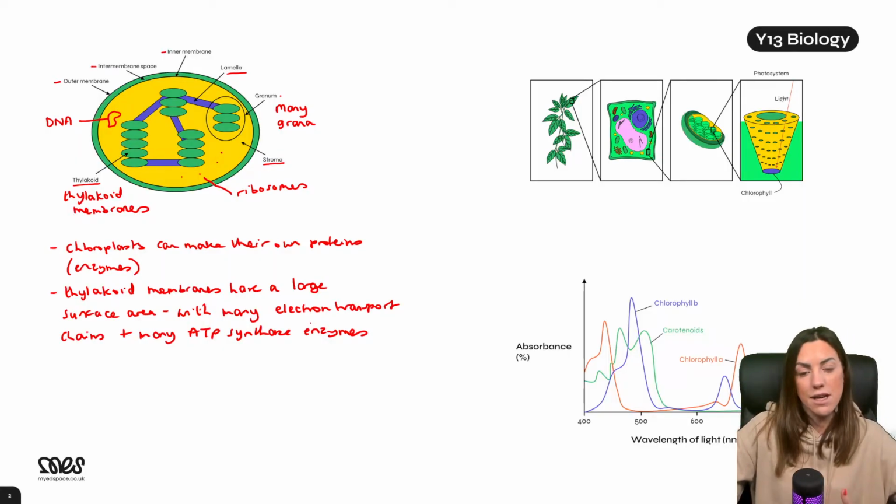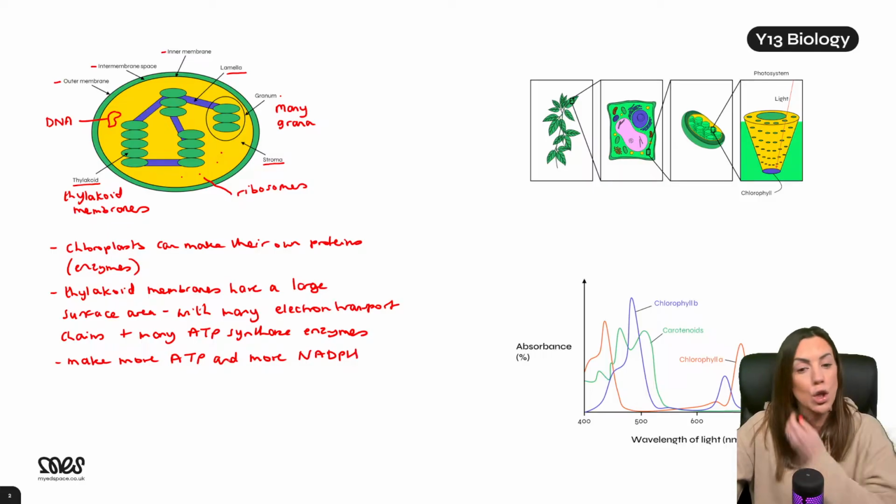So the bigger the surface area and the more of those transport chains and enzymes, the more light-dependent reaction can take place, which means ultimately the light-dependent reaction can make more ATP and more NADPH, which are the two important products of the light-dependent reaction.